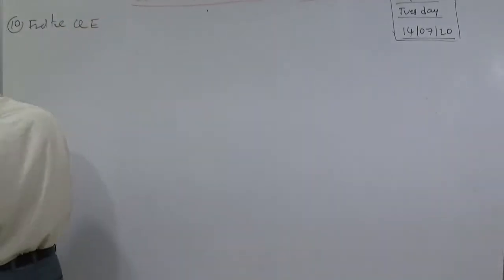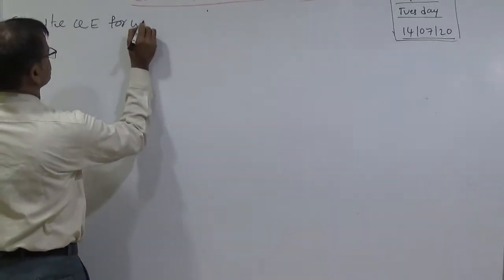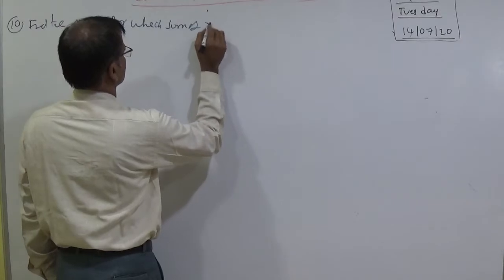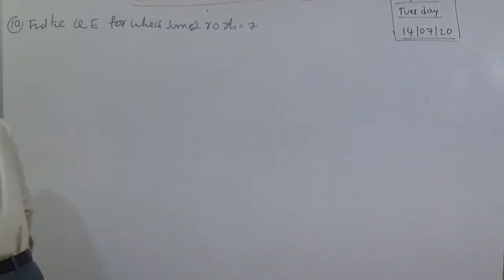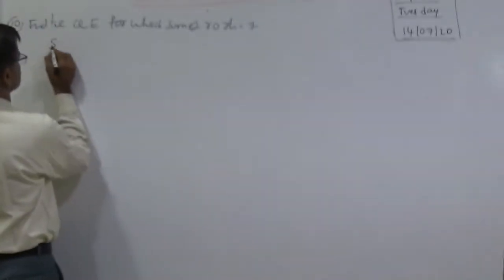Find the quadratic equation for which sum of roots is 7 and sum of squares of roots.